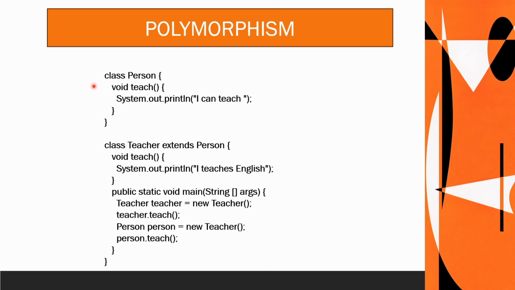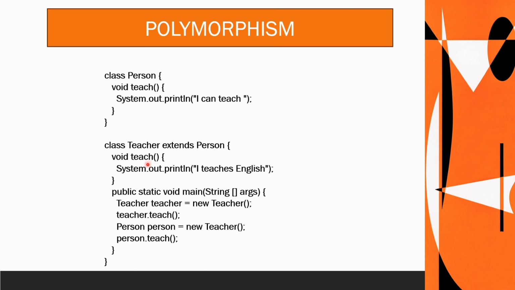Now see this example. Here I am having a class person, and inside it a method teach, and I'm printing that I can teach, right? Again I'm creating an object teacher, and I'm inheriting the person class and using this teach method.